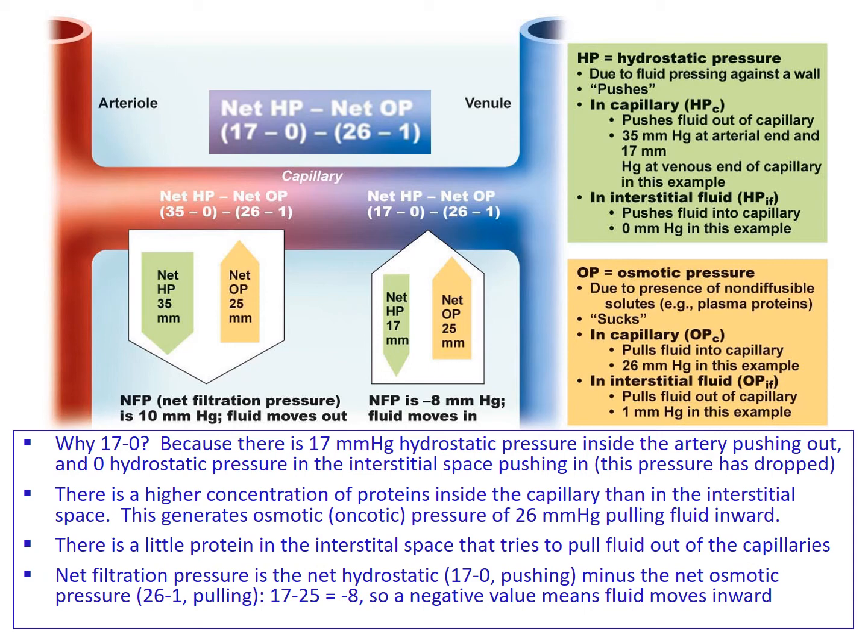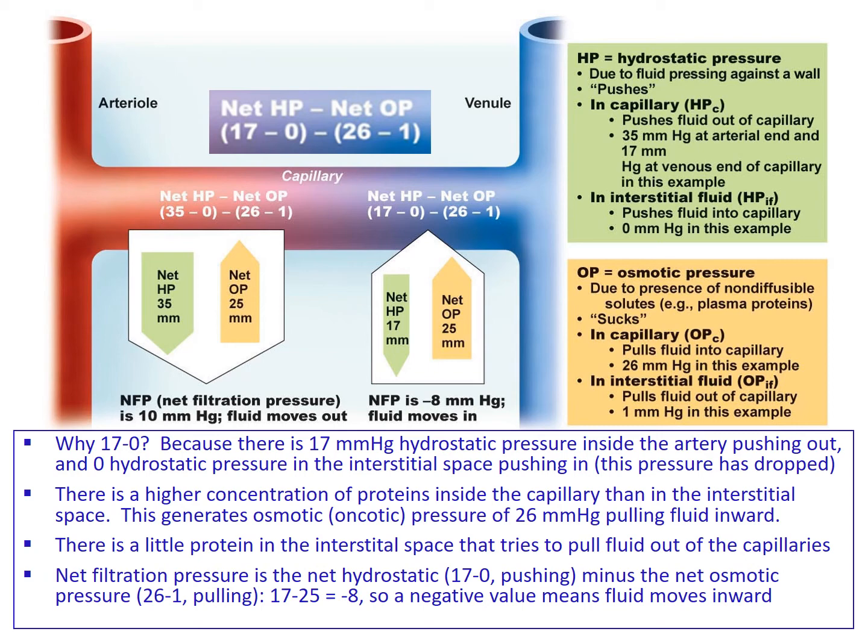In this case, our hydrostatic pressure in the capillary is 17, no longer 35. It's been cut by about 50%. As we established before, there's no hydrostatic pressure in the interstitial fluid, so you have a net hydrostatic pressure of 17.